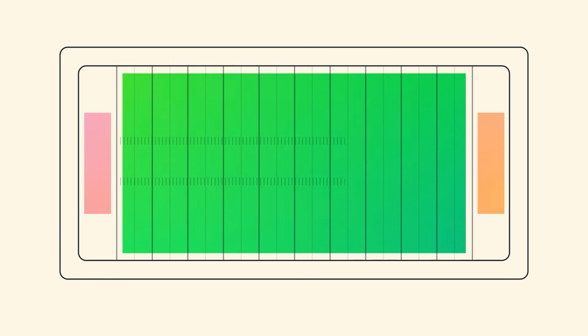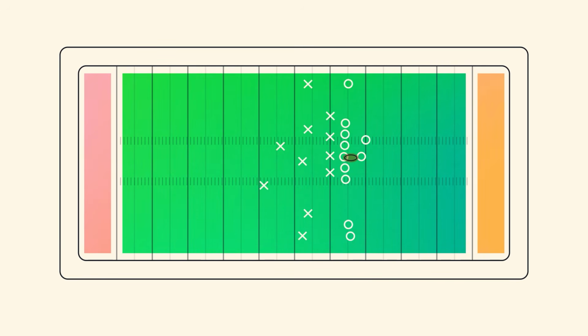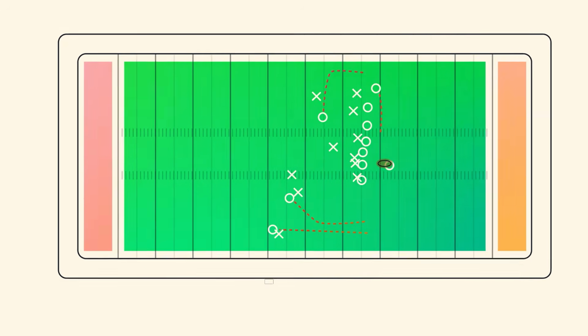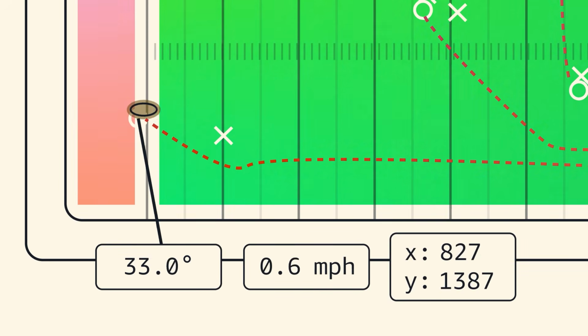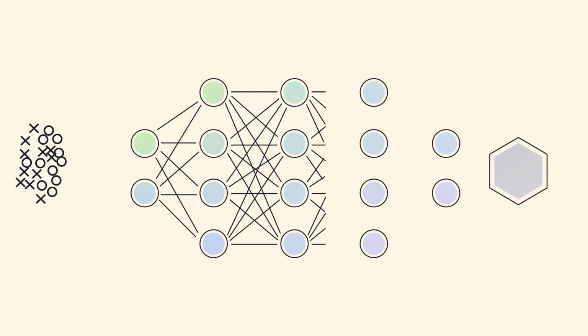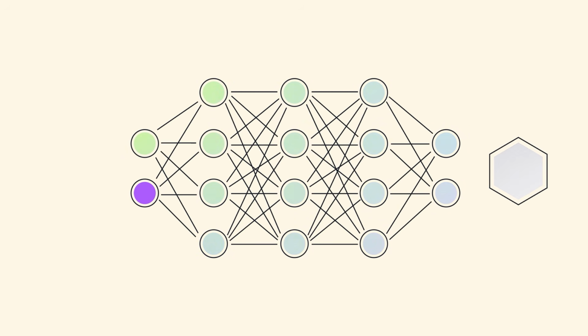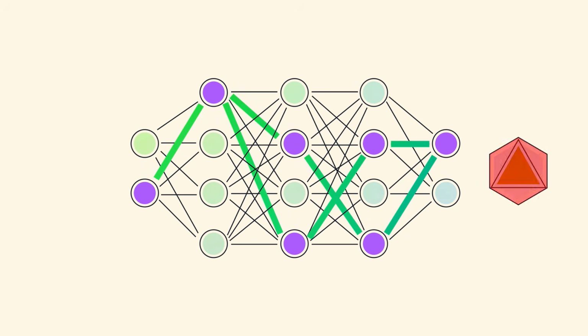Training a machine learning model means teaching a computer to recognize patterns by feeding it large amounts of data. In NFL Next Gen Stats, this data includes thousands of plays with precise information like player positions, speed, and direction. That data is fed into a machine learning algorithm. The model starts learning the relationship between the inputs and the outcome. At first, the model makes inaccurate predictions.